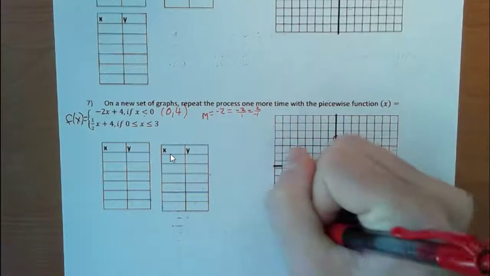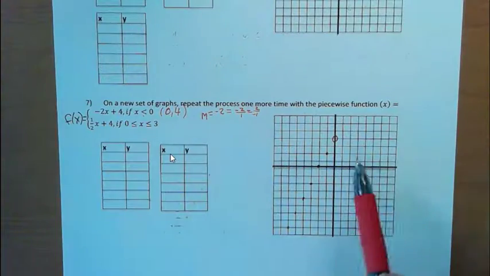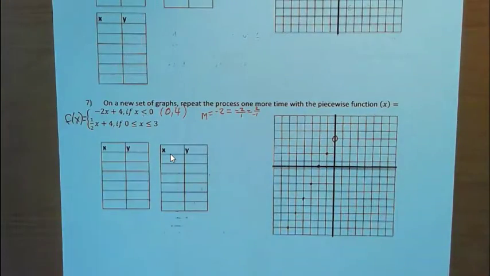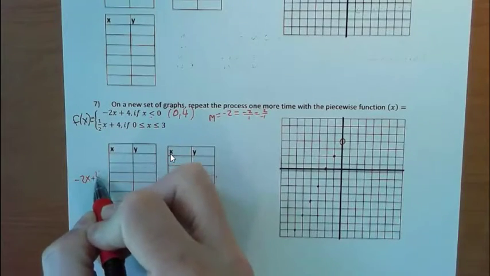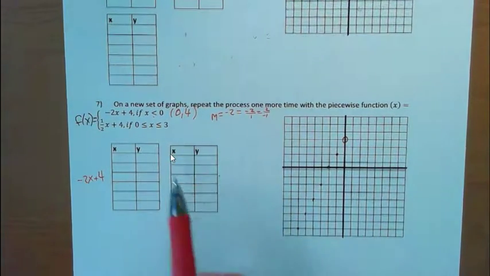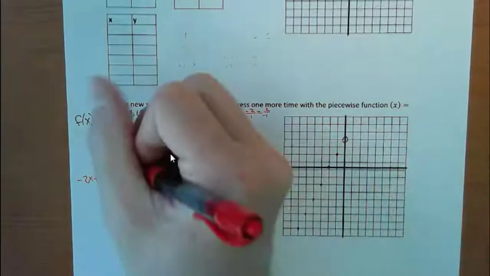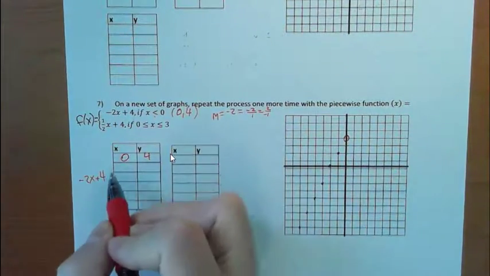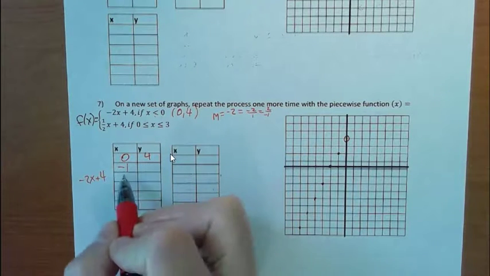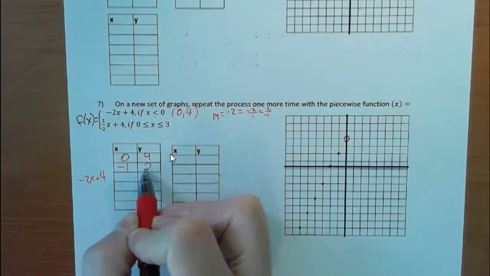We could also just look at points to the left of it, since x is less than 0, and fill in a table. We could use this left table right here. We know we're going to start at 0 and go negatives. So we already know that (0, 4) is a point. If you put in negative 1 into that function, you would get a 2.